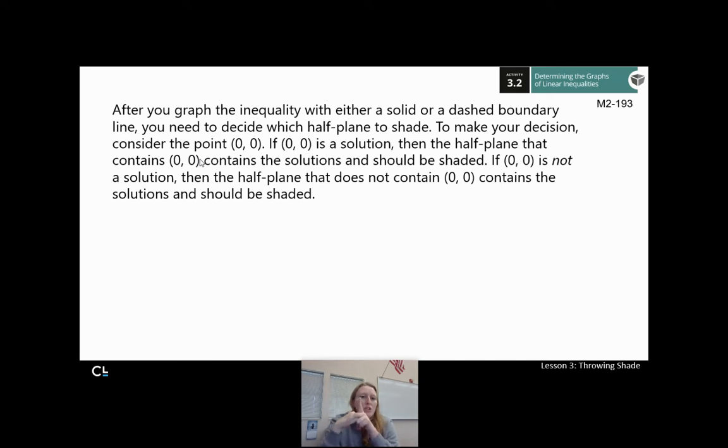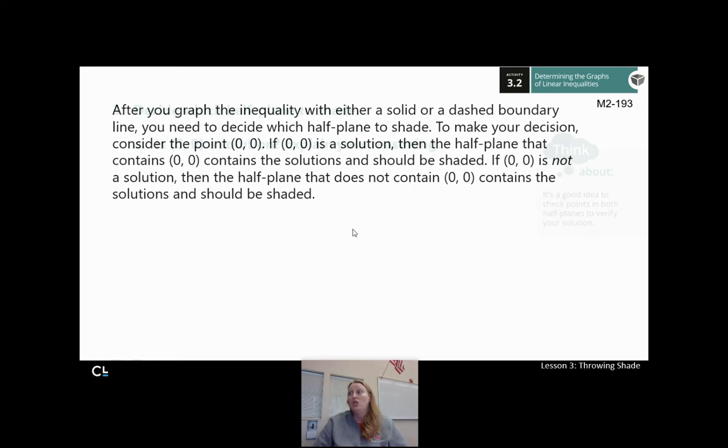To make your decision, consider the point 0, 0. If 0, 0 is a solution, then the half plane that contains 0, 0 should be shaded. If 0, 0 is not a solution, then the other half of the plane should be shaded, the half that does not contain 0, 0, okay?